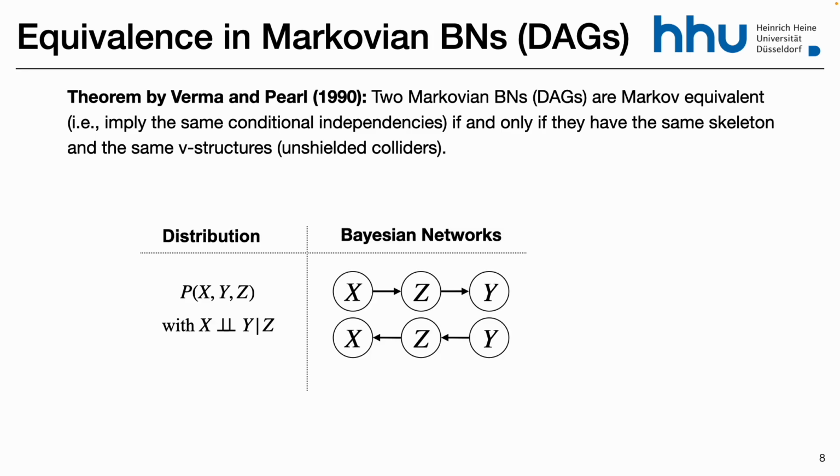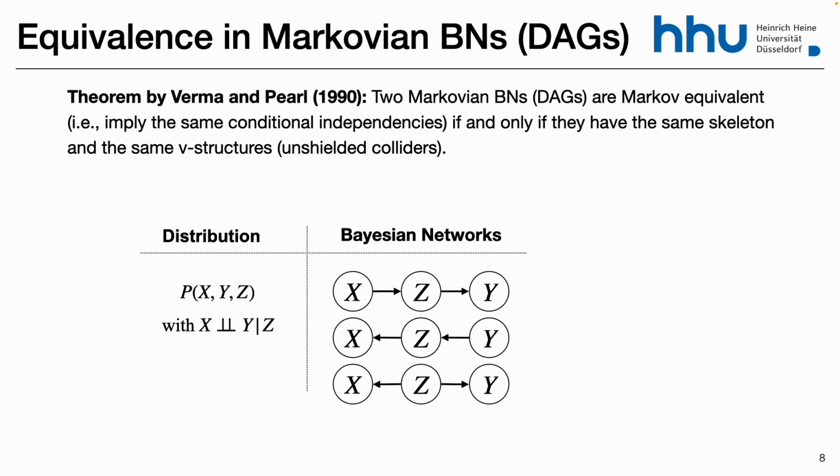These 3, I'm telling you, are part of the same class. It's easy to see why, because all 3 have the same skeleton. They all have an edge between X and Z, an edge between Z and Y, and no edge between X and Y. A V structure would be 2 variables that are disconnected like this, but the variable in the middle is a collider.